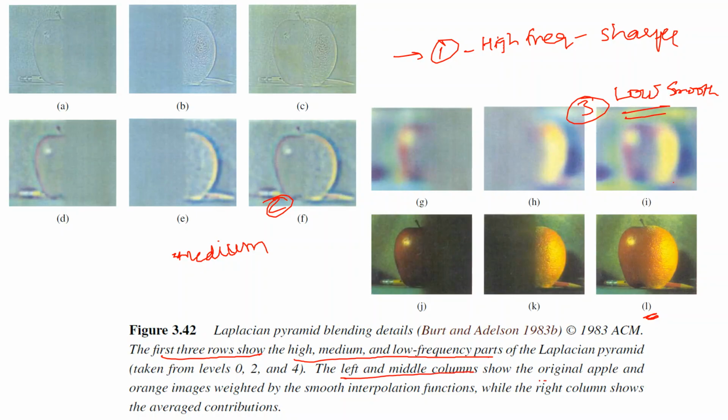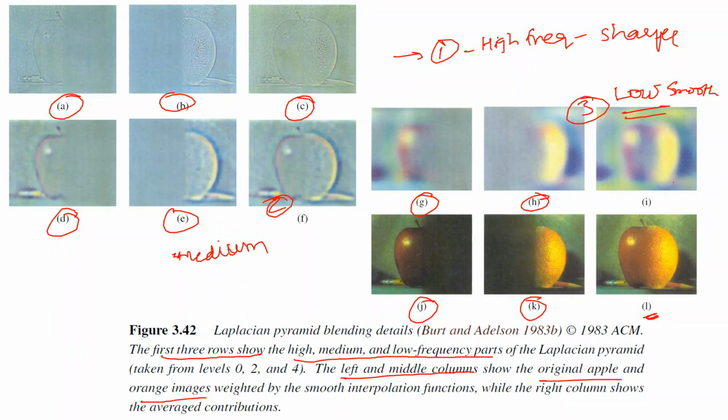The left and middle columns show the original apple and original orange images. So A, B represent original apple and original orange. Here D, E also represent apple and orange. G, H represent apple and orange in high, medium and low frequencies. And J and K also represent apple and orange.